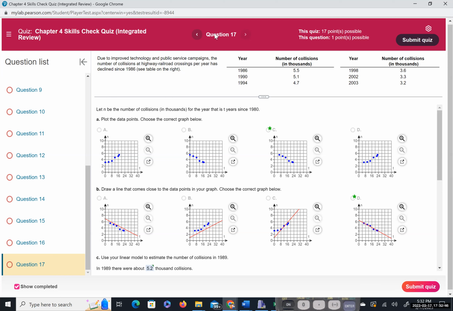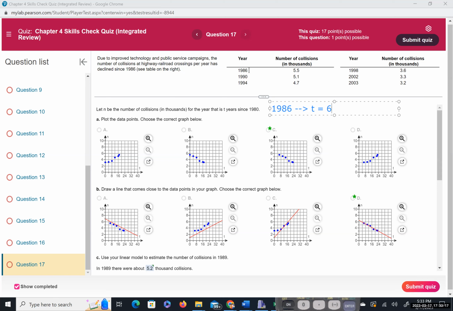Okay, seen in 1980, which means if it's 1986, then t equals how many years after 1980. So it's going to be 6 years, right? 1986 is 6 years after 1980.